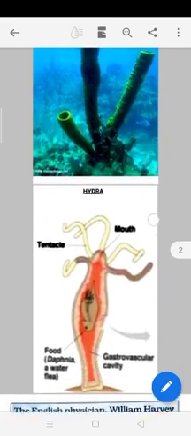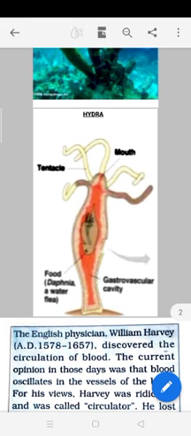In the case of hydra, if you see at the top of their body there is what? Tentacles. The tentacles help to find the prey, and through the mouth at the top, essential nutrients as well as substances will pass.